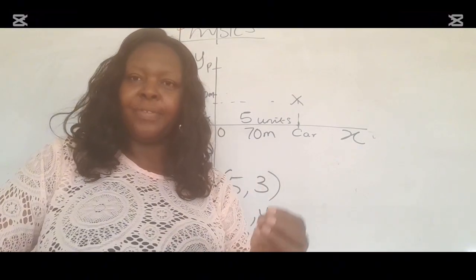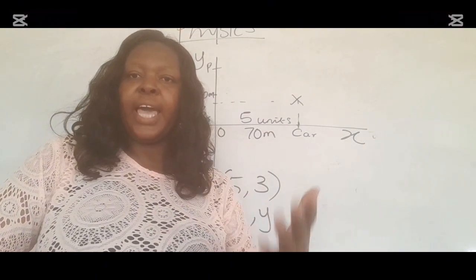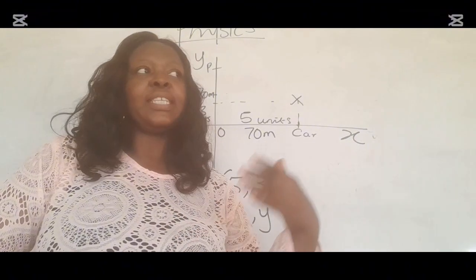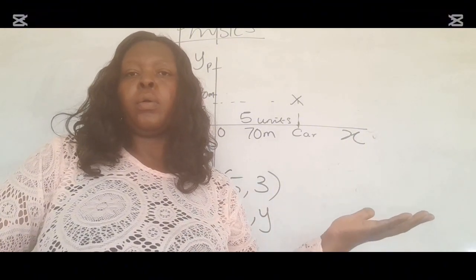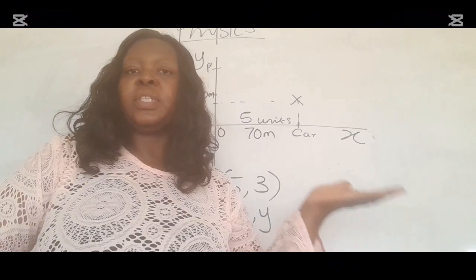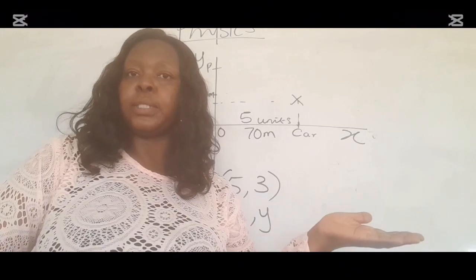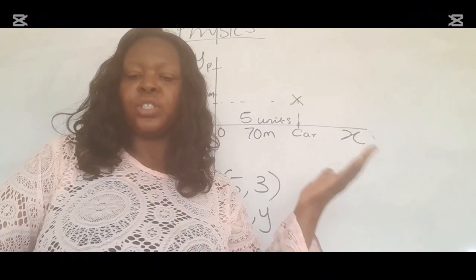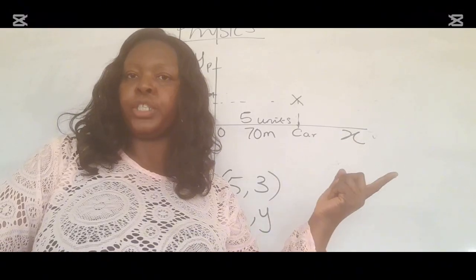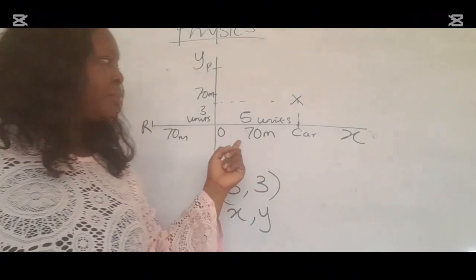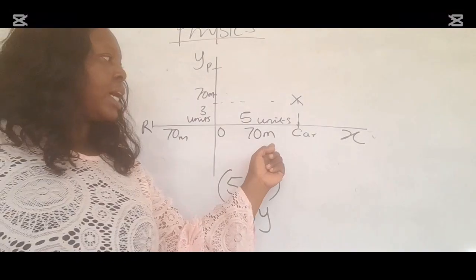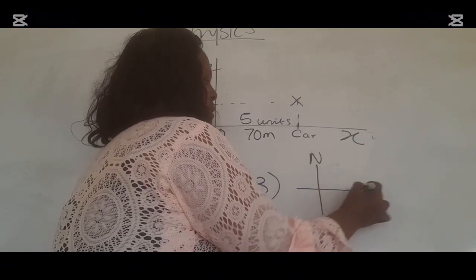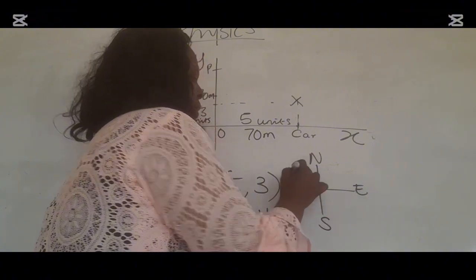When you have the extra information telling you about the direction of the position of the car, we call that displacement. Displacement is defined as distance traveled in a specified direction. So the displacement of the car is 70 meters eastward, the directions being north, east, south, and west.